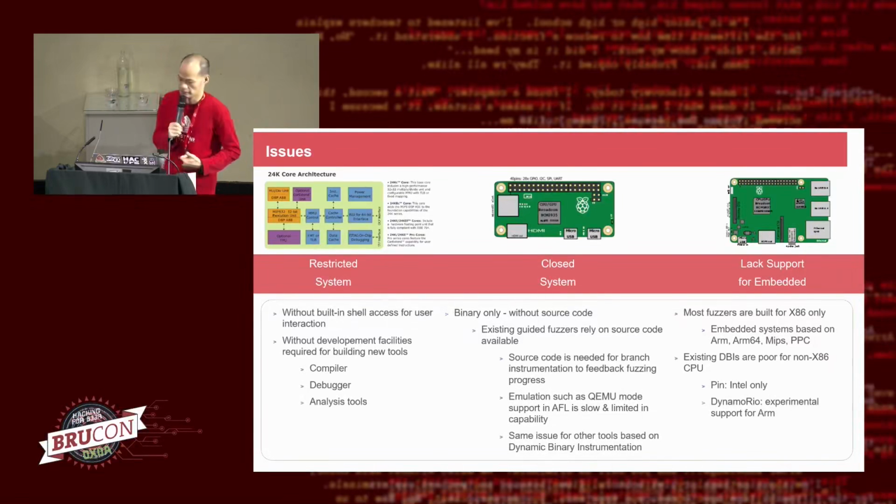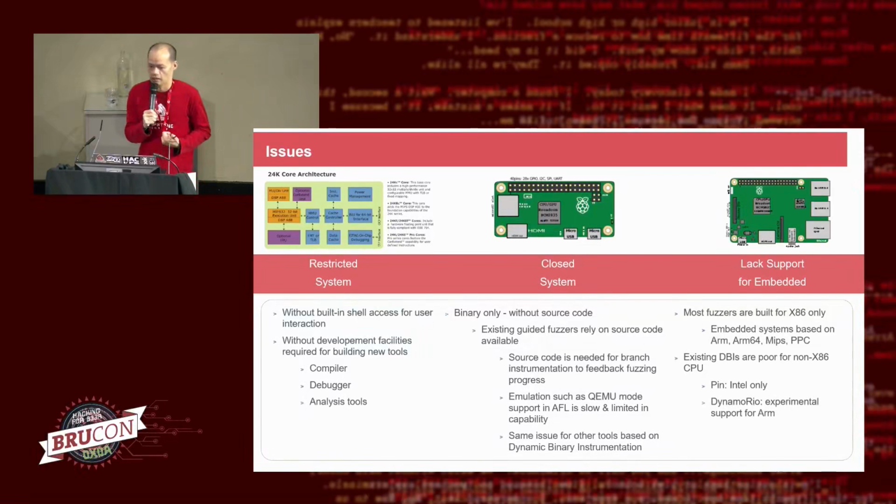The second issue is that in many embedded systems, you do not have source code. You have binary only. You have firmware and binary only. You have no source code at all. And it turned out to be a big issue because the existing guided fuzzers rely on source code being available, for example, AFL. So you need source code, so you can compile it and instrument the program, so you can do the feedback fuzzing.